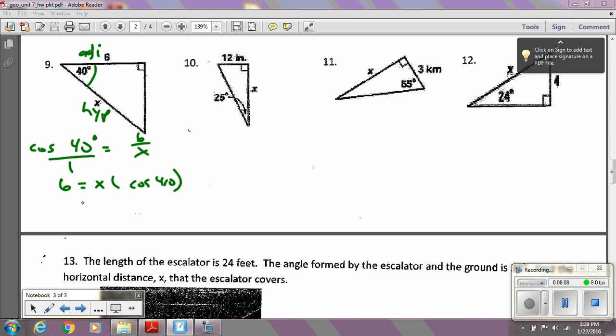Cosine of 40 is 0.7660. And divide both sides by that. So 6 divided by 0.7660 is about 7.83.